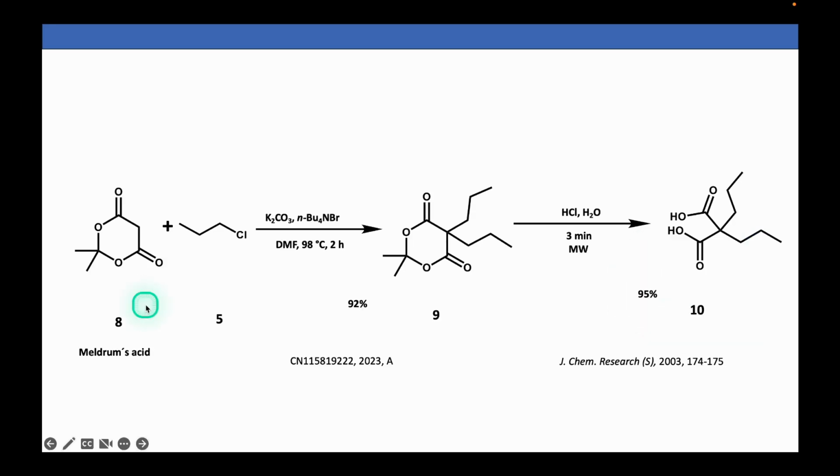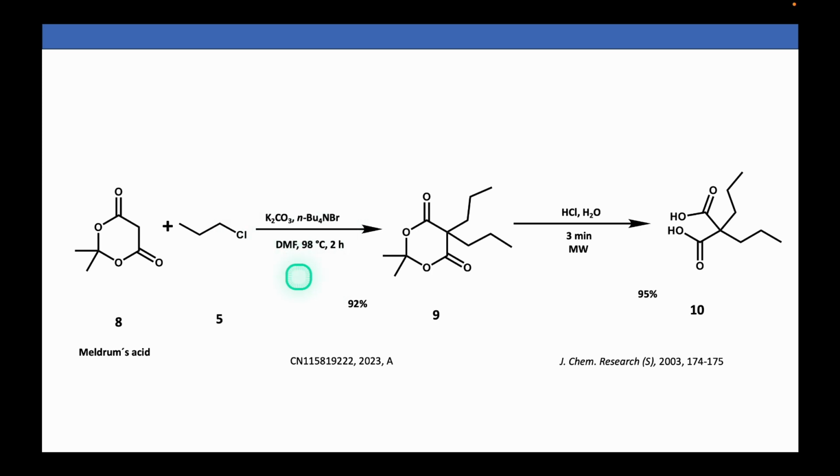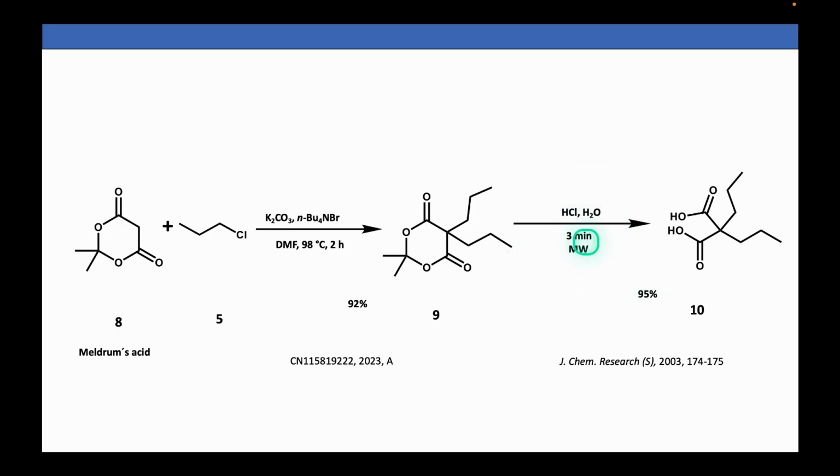Following the same strategy, but now using Meldrum's acid, the alkylation with propyl chloride using potassium carbonate and phase transfer agents gives rise to the substituted derivative 9, which is hydrolyzed in acid medium under microwave irradiation conditions to open the cycle and form the malonic acid derivative 10.